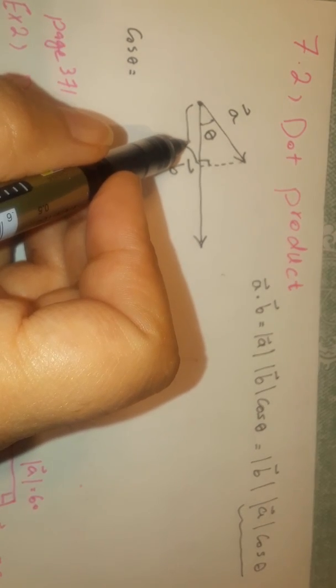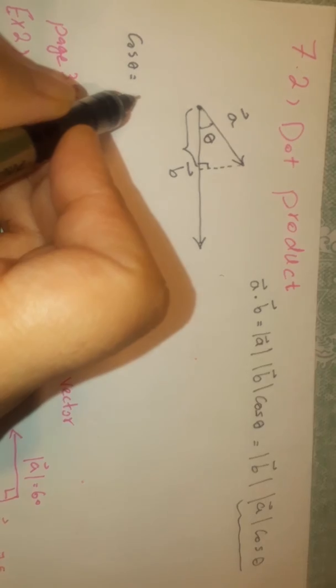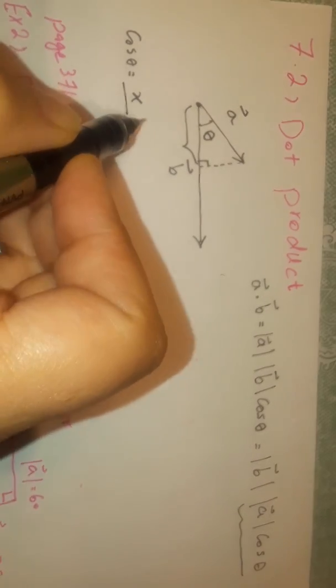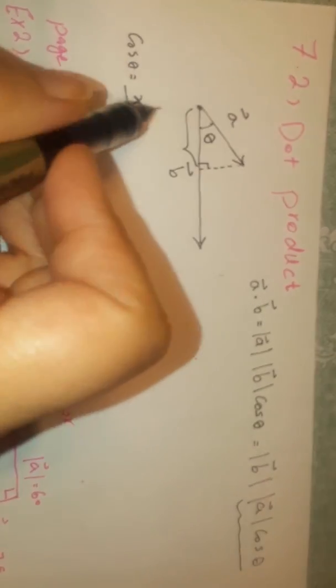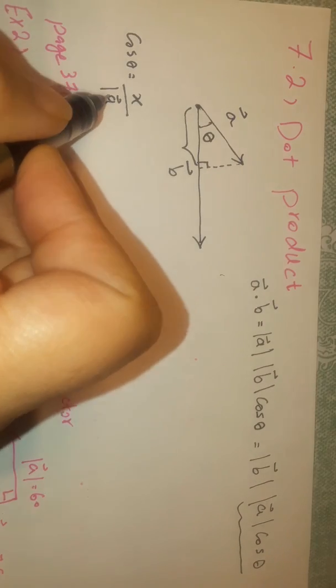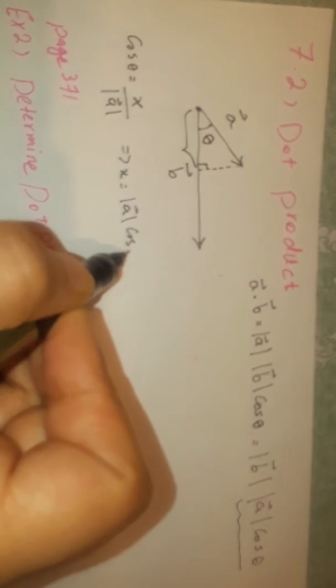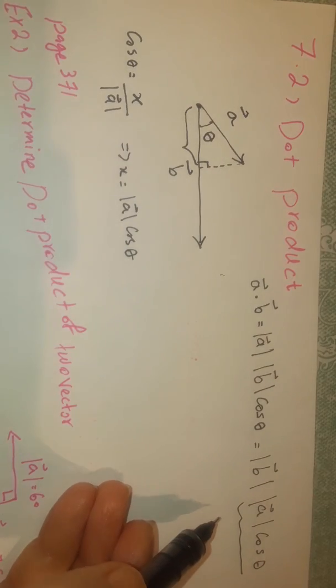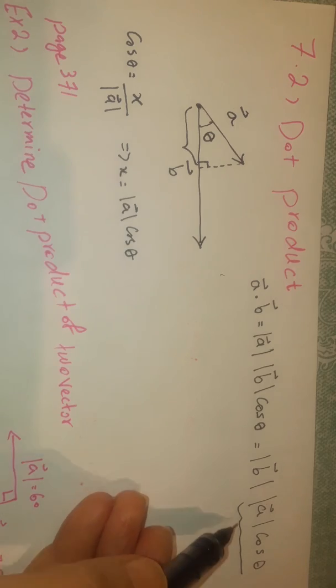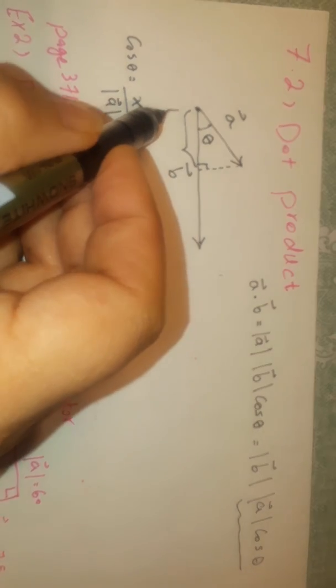Adjacent, which let's say I call it unknown x, divided by what? Hypotenuse, the length of the hypotenuse. So this unknown x is going to be A cosine theta. Do you see that? This is A cosine theta, the magnitude of that.